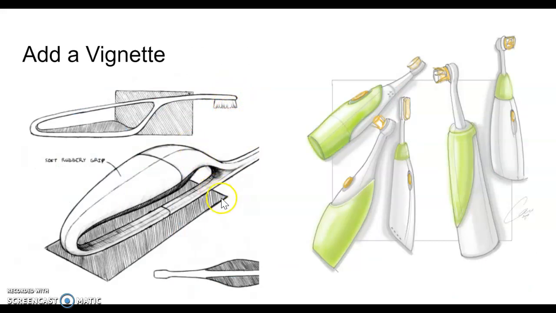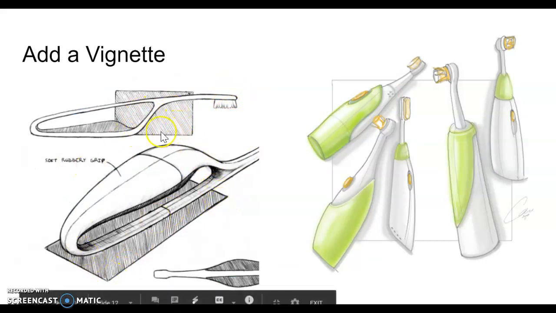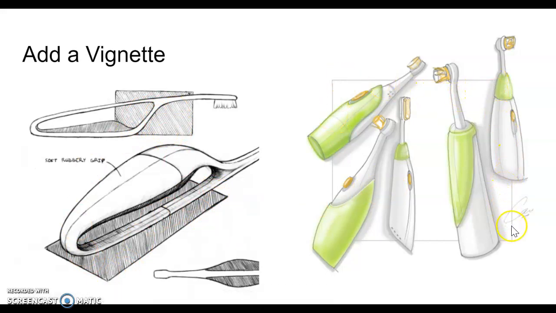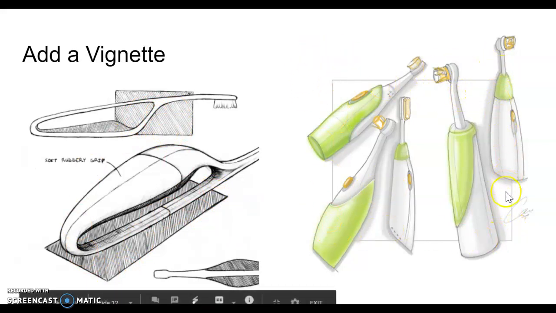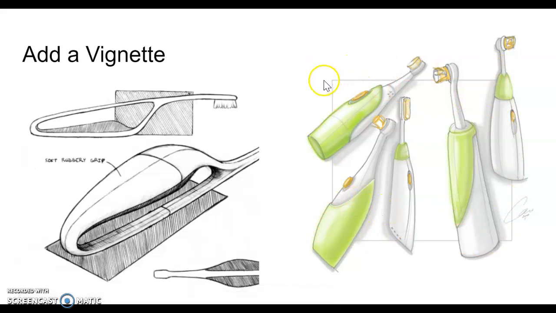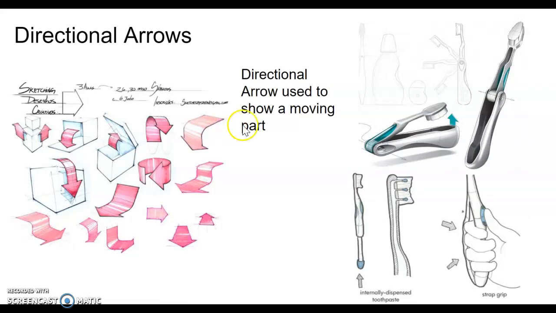A vignette is a block of color behind the drawing, and sometimes it doesn't need to be a block of color. It can just be a lined square or rectangle or triangle. What it does is it has the effect of lifting it off the page. It's just a presentation technique.